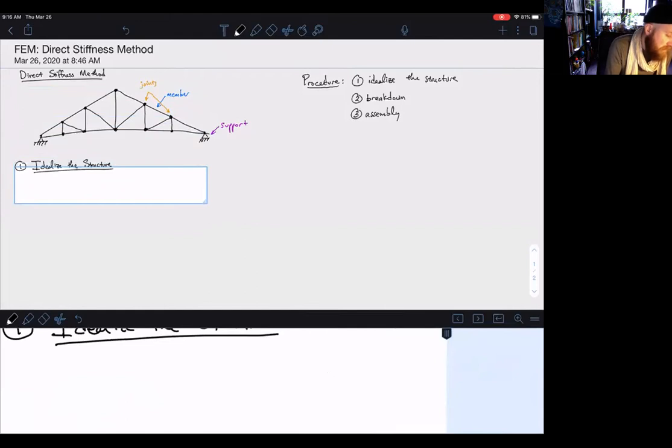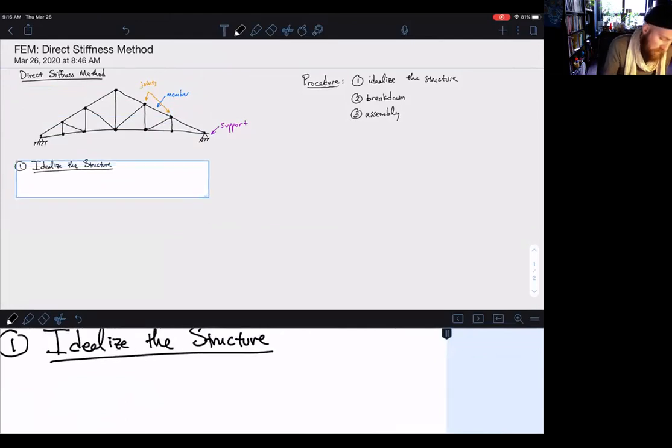And like I said, this means we're going to replace a physical structure with a mathematical model.